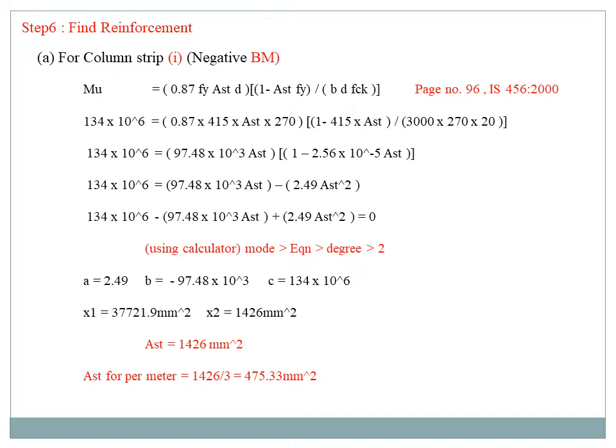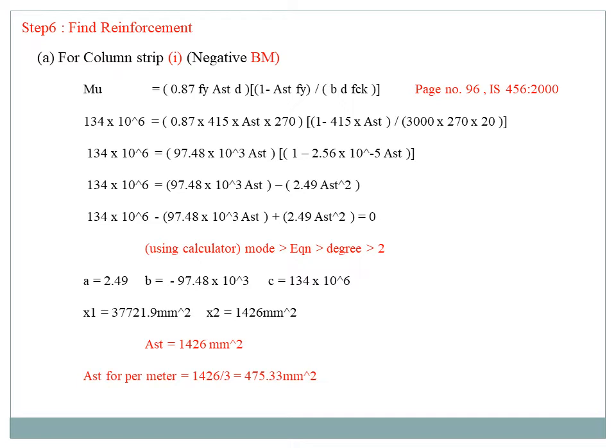So using the calculator to find out the AST value. A is equal to 2.49, B is equal to 97.48 into 10 power 3, and C is equal to 134 point into 10 power 6. In the calculator, go to mode, then equation, then degree, and take it as a second order degree.